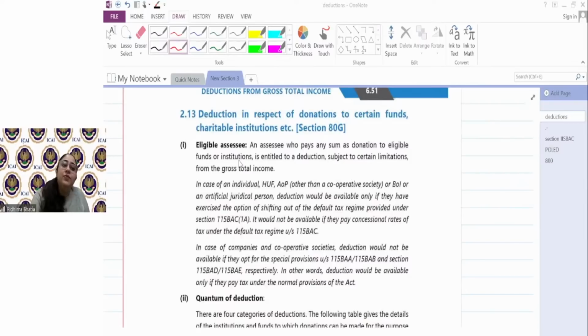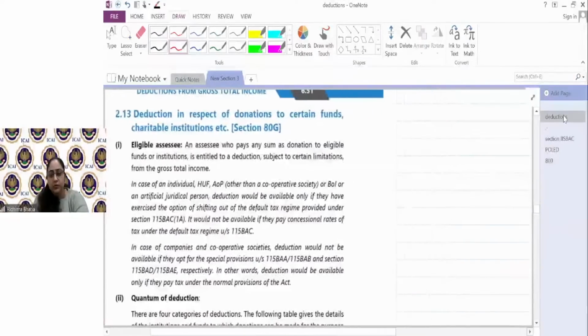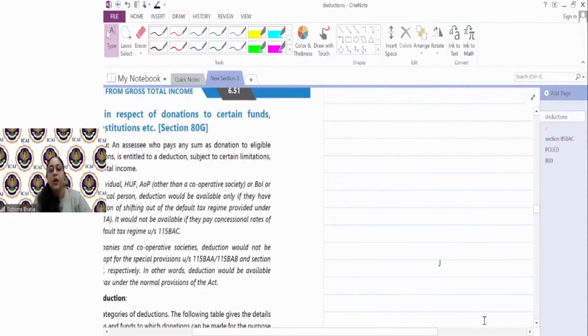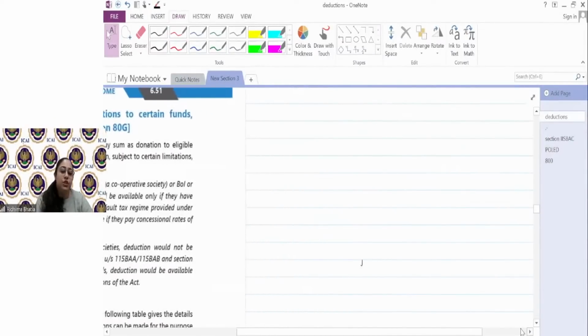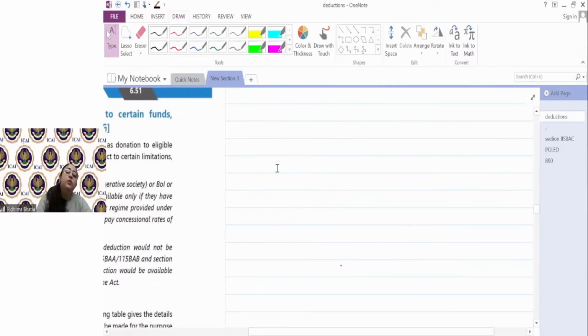But 80G, guys, is one such section where the deduction is eligible for any assessee. Listen carefully and focus, a simple but very important section. The donation is available to all assessees irrespective of individuals, HUF, companies, everyone.